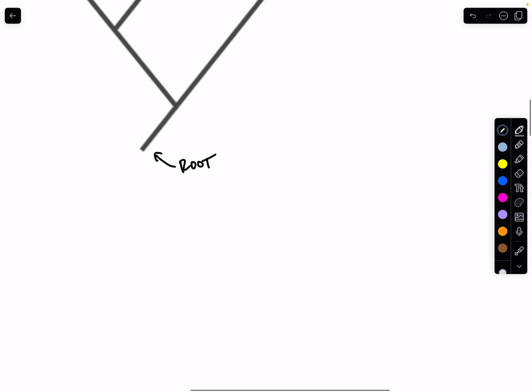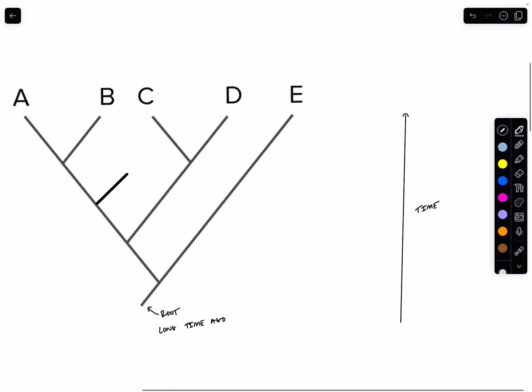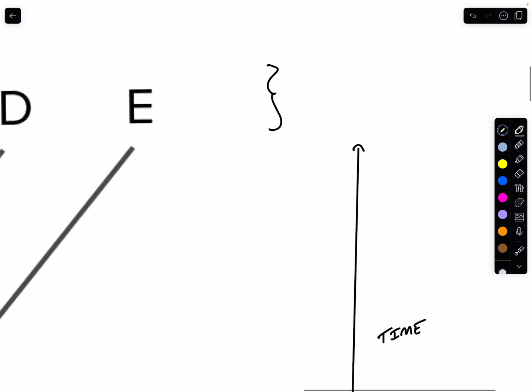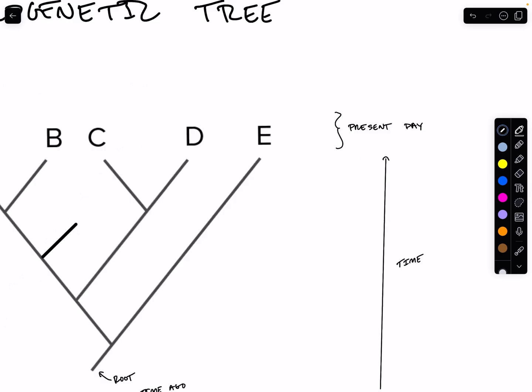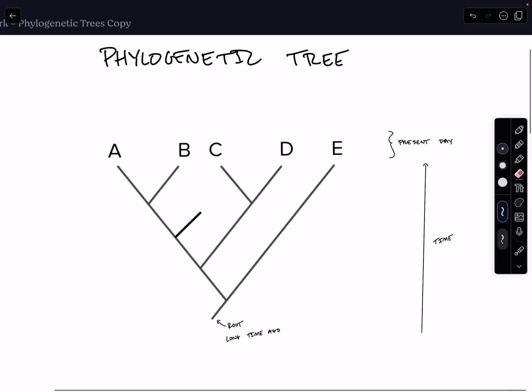So if the root is a long time ago, then the very end of the tree is like right here, this area. This is present day. And A, B, C, D, and E, these are all modern day species.